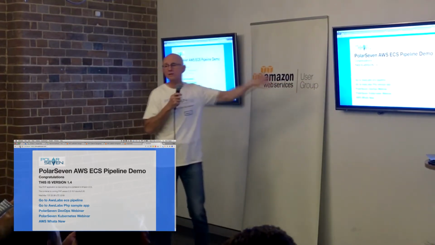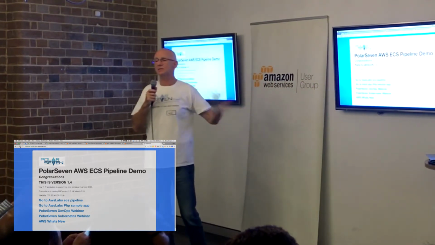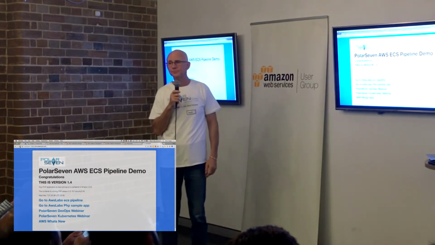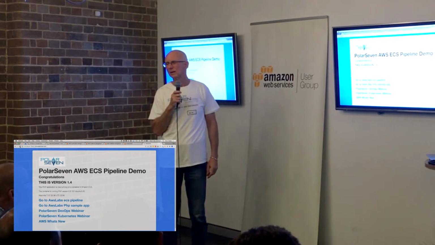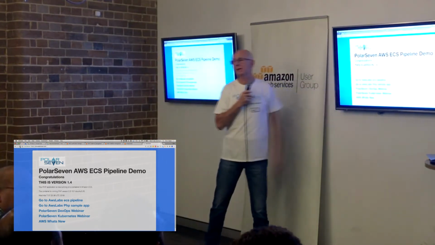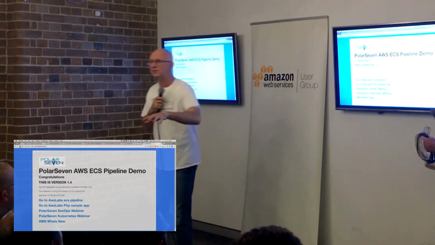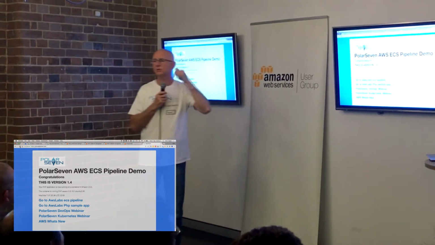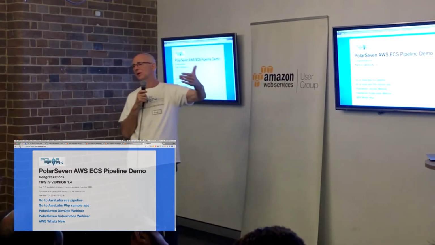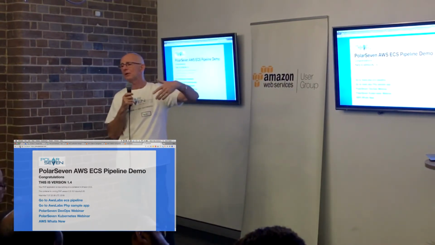If you don't want to manage the cluster yourself, you would use Fargate, but that's not available in this region at the moment. The whole thing was done as nested stacks. It's one stack, and it creates the VPC, creates a load balancer, creates the ECS service, and then it will go and create a pipeline.